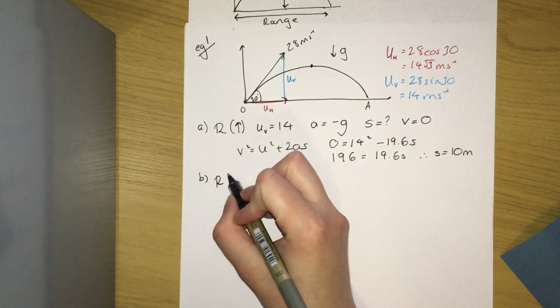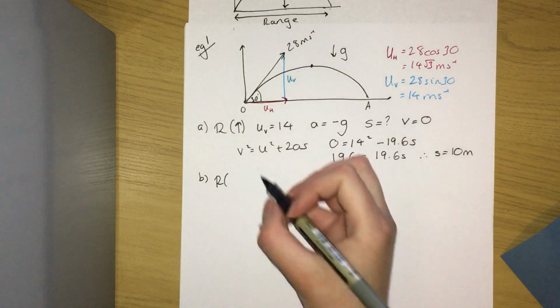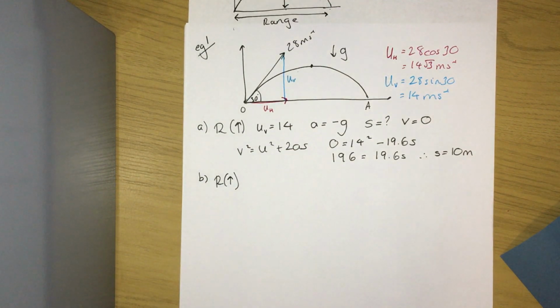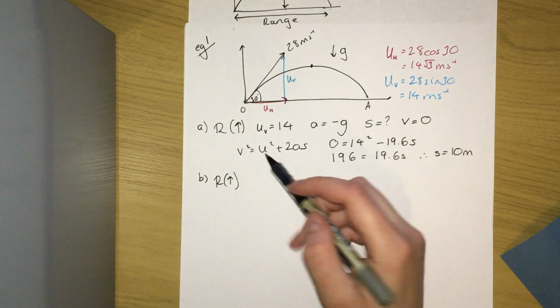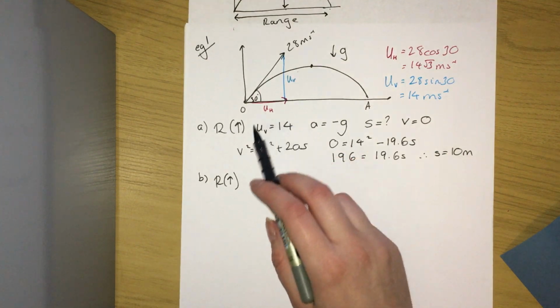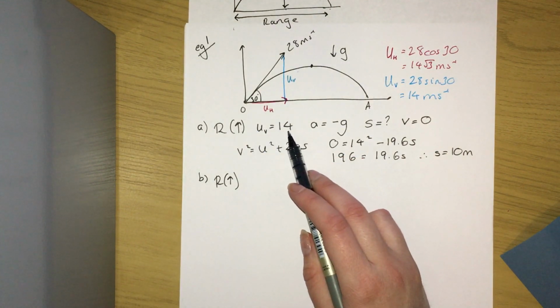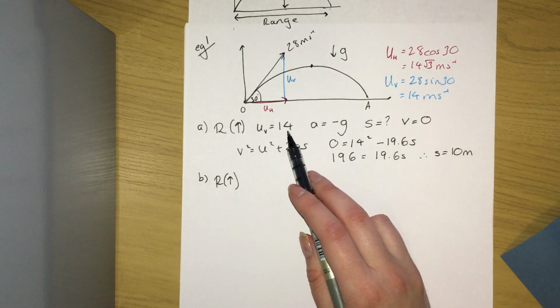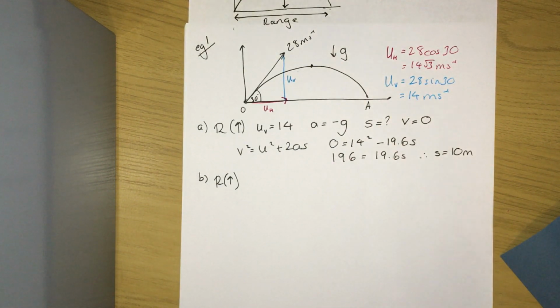What we do know is a lot more about the vertical information. Now I've defined upwards as positive again, mostly because people are more likely to make the error of keeping that positive even if they define downwards as being positive.